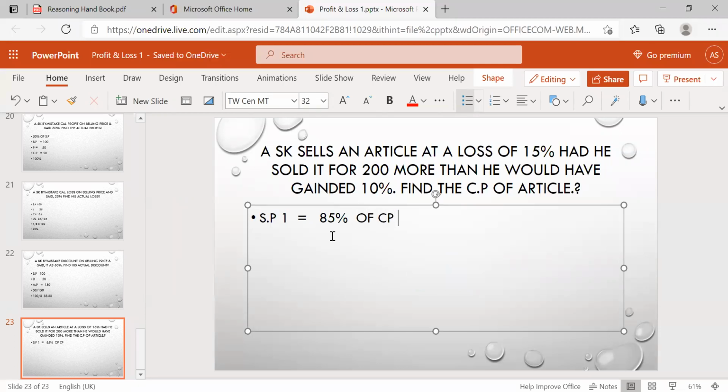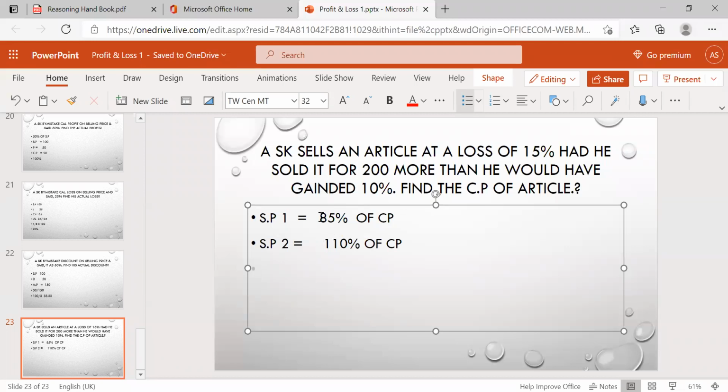We don't know actually how much it is, leave that. And second time, selling price 2 is nothing but 110% of cost price.